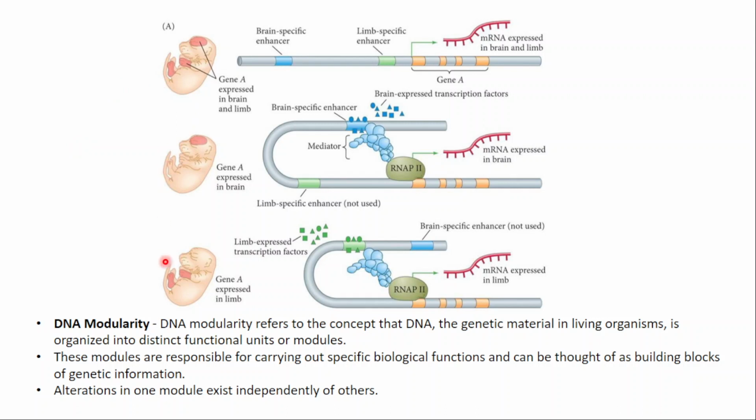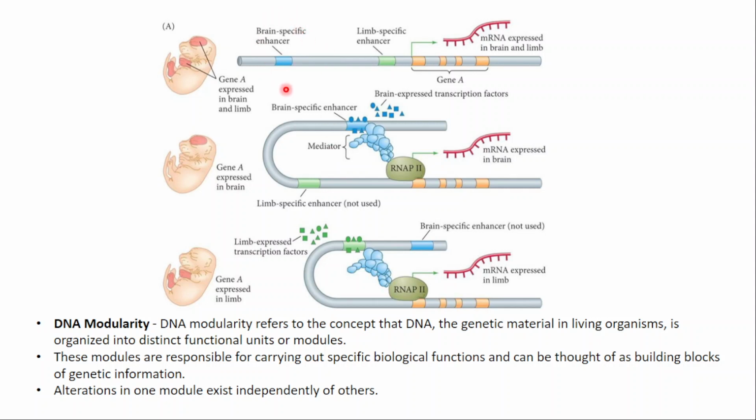Here is an example schematic showing expression of different genes in mouse tissues. Let's say gene A is expressed in the brain as well as in the limb. So what does it mean? For gene A, we have two different enhancers. This is an example of enhancer modularity, where an enhancer is a regulatory region regulating the expression of downstream genes.